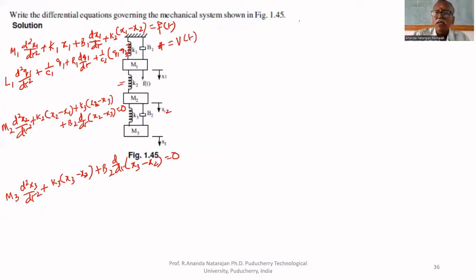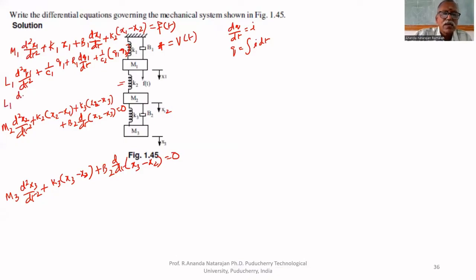Now we know that dq by dt equal to I and q equal to integral of I dt. So if you replace this in terms of I, what you will get?